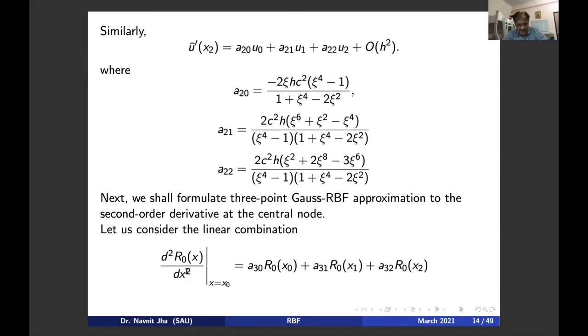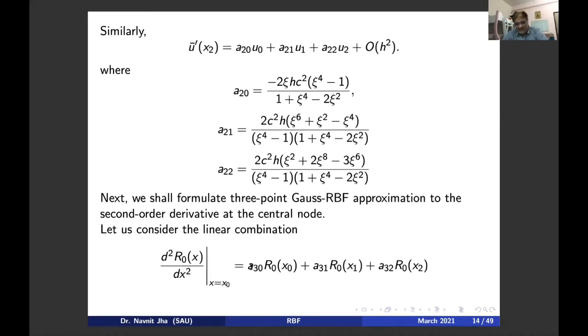This is obtained by formulating the linear combination exactly on the same line. Earlier, I used the first derivative of r. Now I am going to take the second derivative of r, so it is d2 r naught by dx square at x equal to x naught.